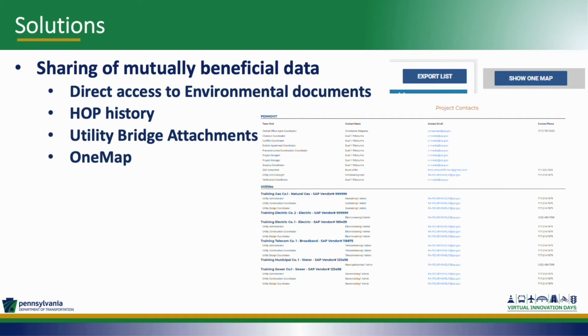You'll also notice throughout our application that anytime there's a list, you're able to export it and directly download it to Excel and take that file and utilize it to populate their own enterprise systems. So again, mutually beneficial data we knew would be a commodity that would help us increase the usership across our application.